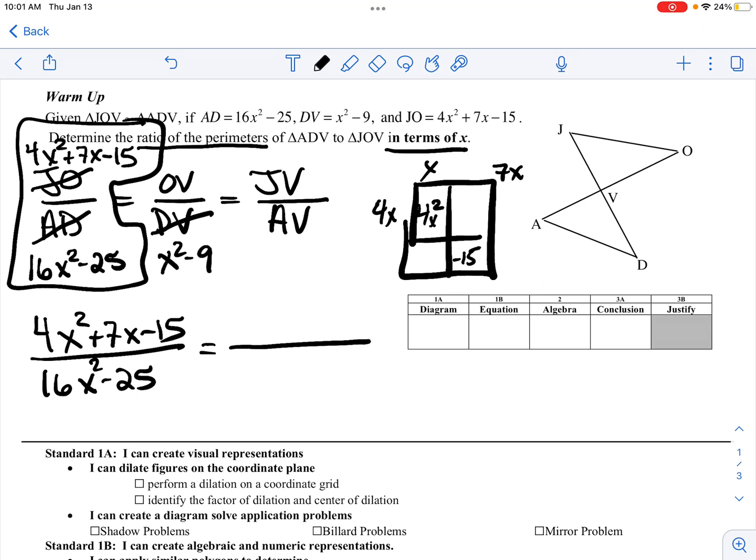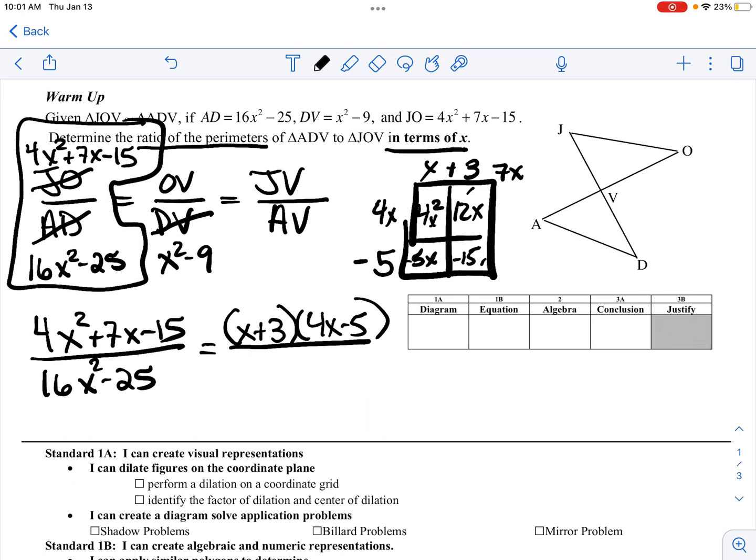If I put the 3 here and the 5 here, that would give me 12x in this square, 5x in this square, which again, I can get to make 7 if this is negative and this is positive, and everything else holds true. This would be a positive 12x. That gives me a negative 15. So everything has been factored. So I end up with x plus 3 and 4x minus 5.